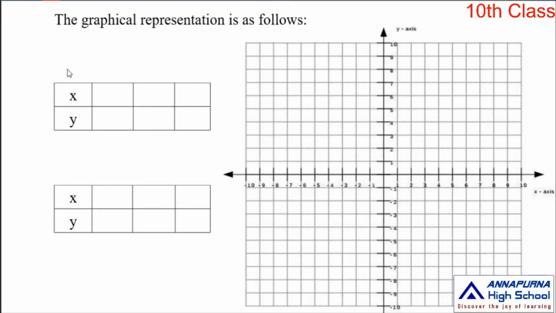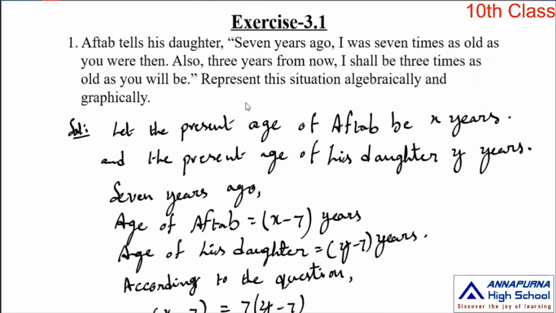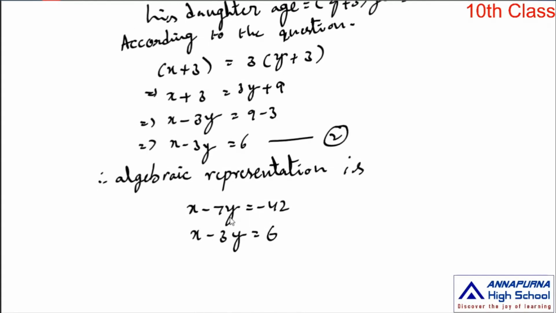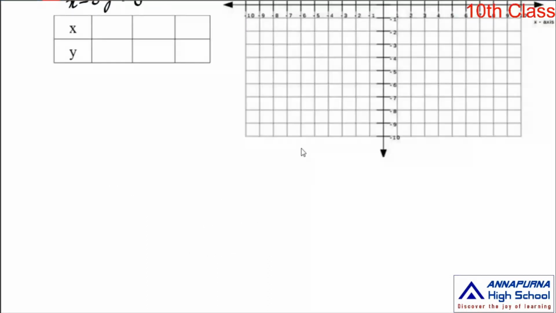What is the first equation? x minus 7y is equal to minus 42, and the second equation is x minus 3y is equal to 6.